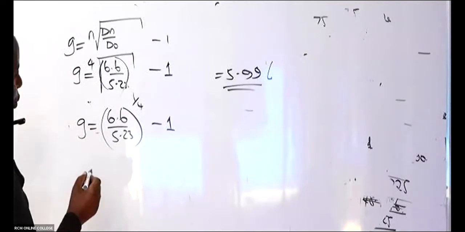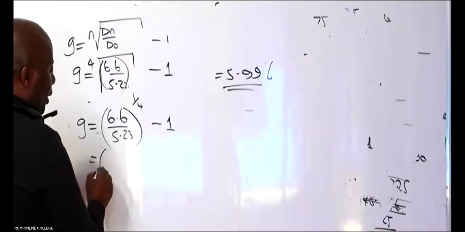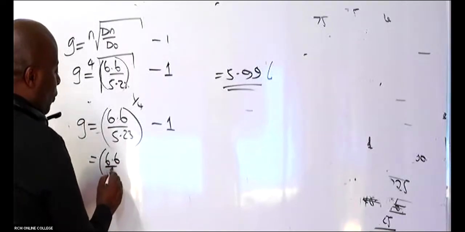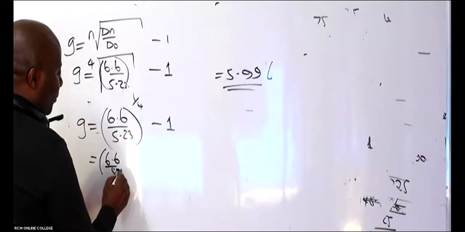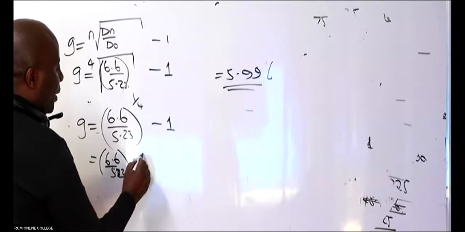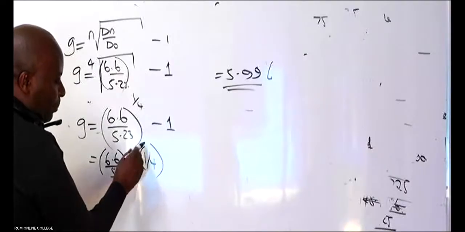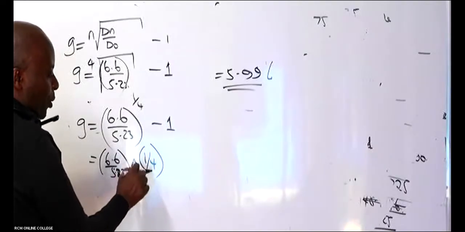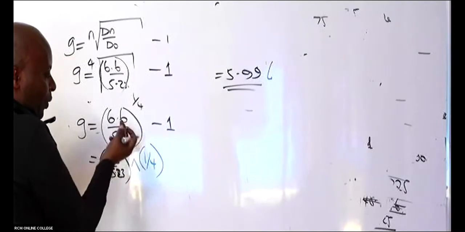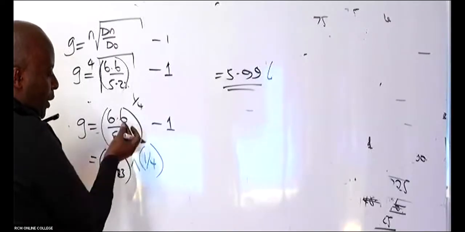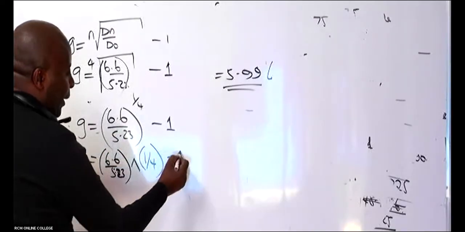So you say, in brackets, 6.6 over 5.23, raised to 1 over 4, and you must put this 1 over 4 in brackets. I know you can see the raised key on your calculator there. And then you say minus 1.